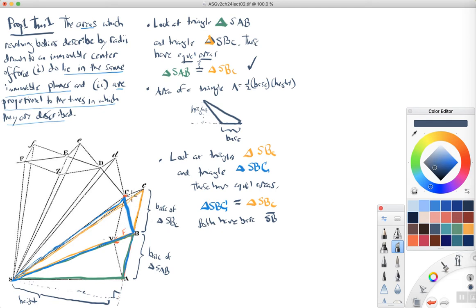Well, the height of both triangles is going to be the distance from the base to, this one ends over here, it's little c, this one ends at big C, but notice that this line right here, CC, is parallel to the line BS, or SB, because that force that we applied at point B directed toward S caused its momentum to change, and the change in momentum is in the same direction as that force.